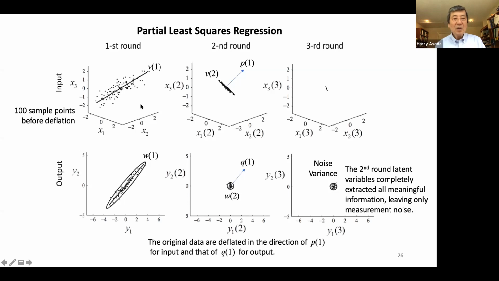Now, first round input space, it is to be squashed, projected into that particular direction, capital Z, remember.